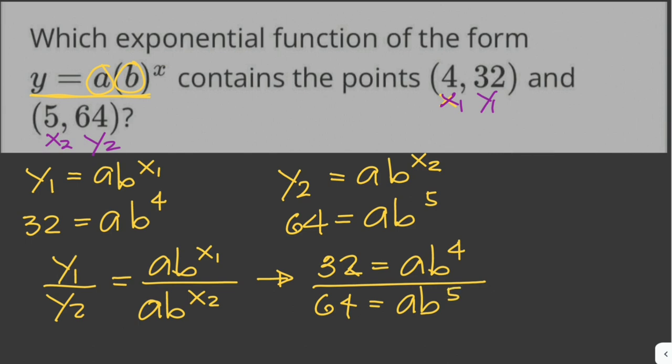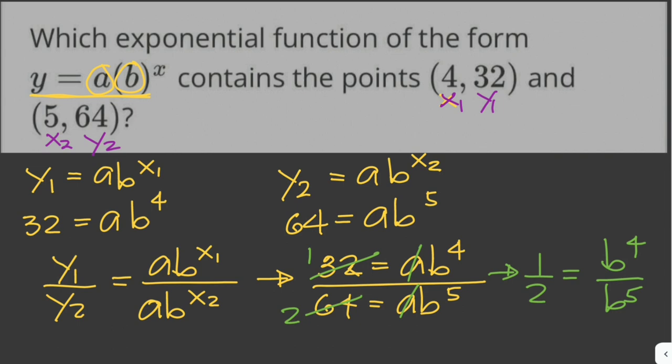And now we can reduce them. A here cancels out. 64 is divisible by 32. So 64 divided by 32 is just 2. So we have 1/2 equals b to the 4th over b to the 5th.